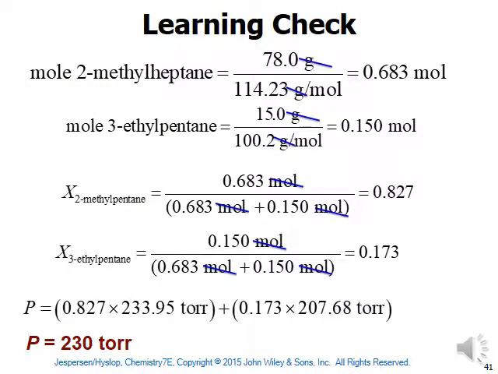First thing is figure out how many moles of methylheptane and ethylheptane. You get these two values. Figure out their mole fractions. Okay, and then multiply each one by their specific pressures, and we get 230 torr.